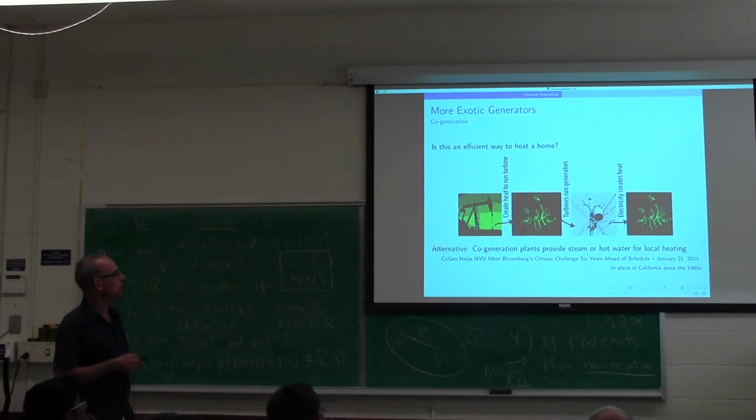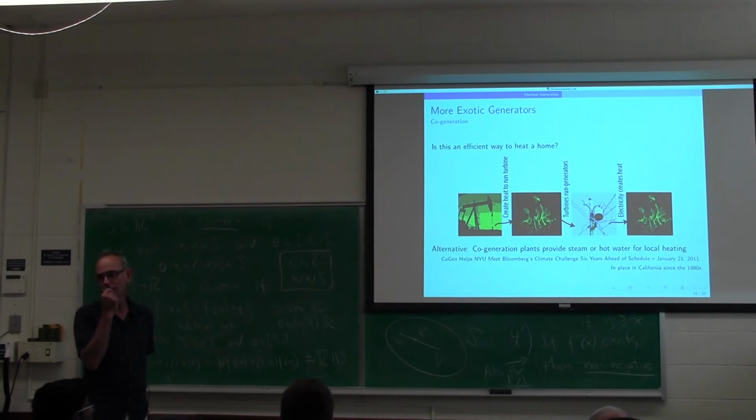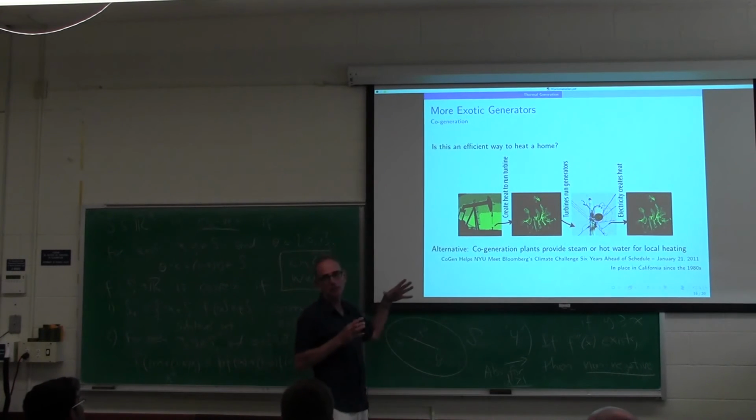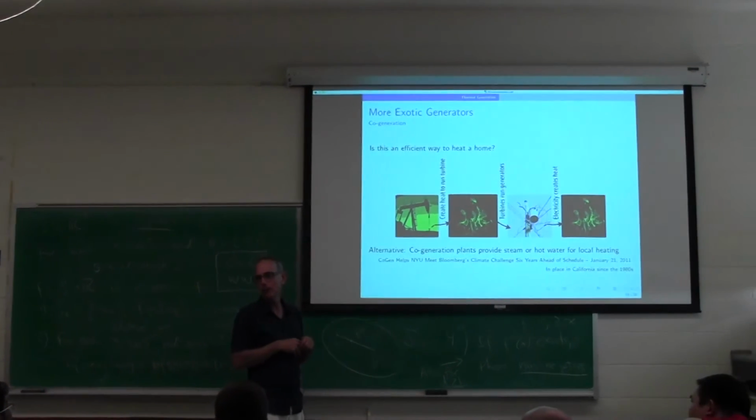So what they do is these cogen plants. There's one right here, the little Duke generator. It's a very short walk from here. If you walk straight from here to the first street west, in between, there's a little 100 megawatt, I think, power plant.